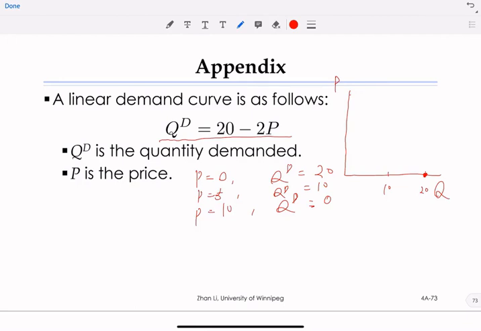If P is 5, then Q is 10, so this gives us this point. And if P is 10, then Q is 0, so this gives us this point. If we connect these three dots, we have a straight line, which is the linear demand curve given by this equation.